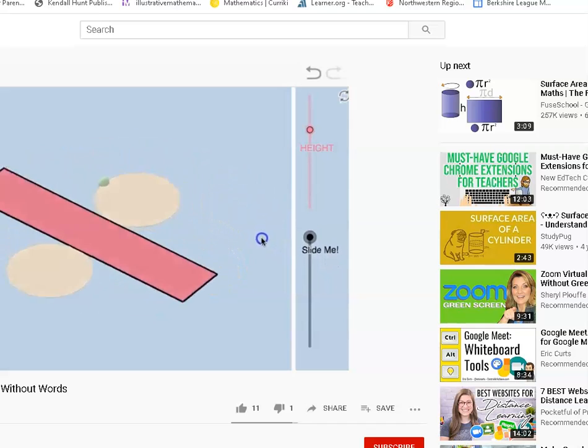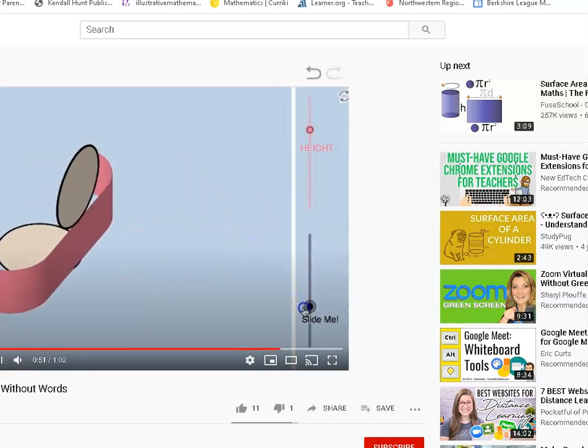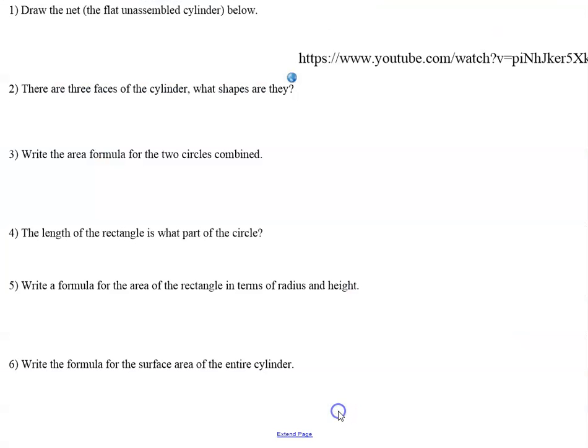So now we'll go back to the lesson and fill in these answers if you didn't already. The net is 2 circles and a rectangle.